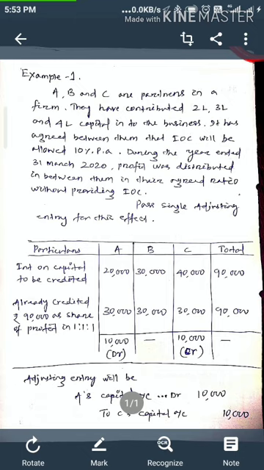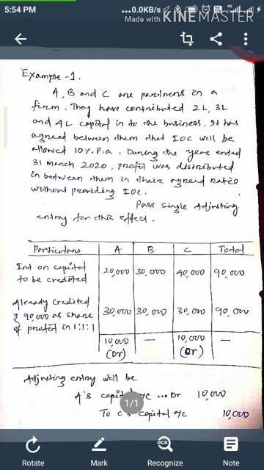During the year ended 31st March 2020, profit was distributed between them in their agreed ratio without providing IOC.